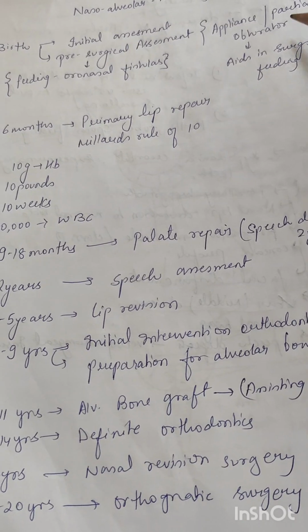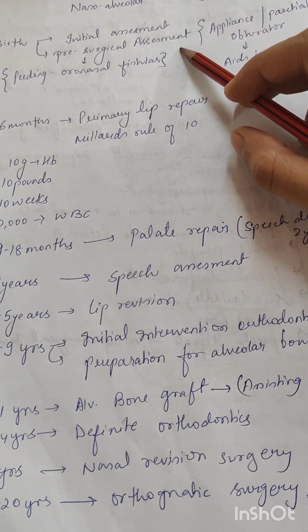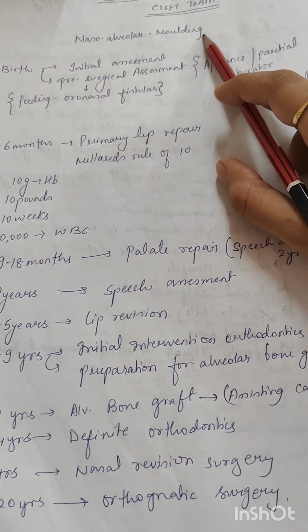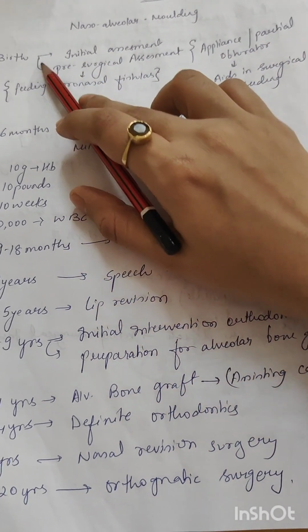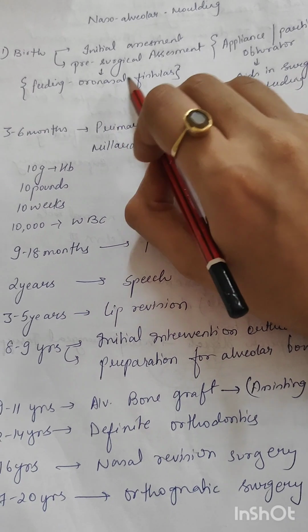Appliances, such as a partial obturator, aid in surgery and feeding. We will discuss nasoalveolar molding in the next video, because it has to be discussed in detail.